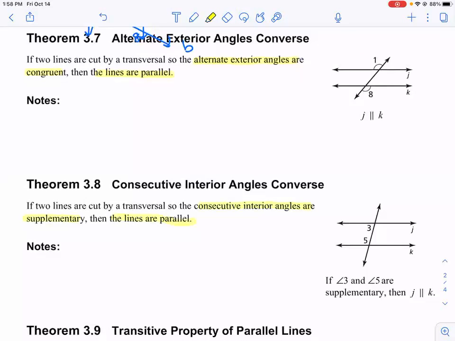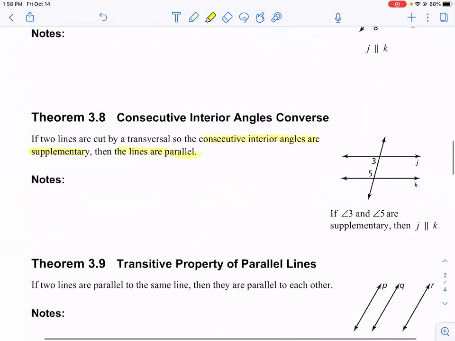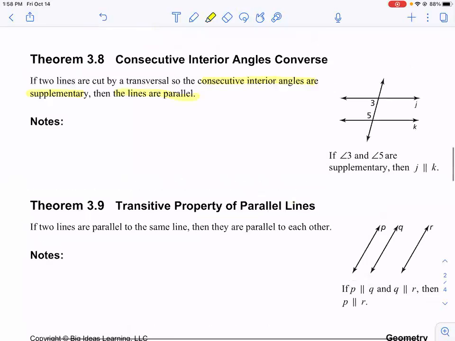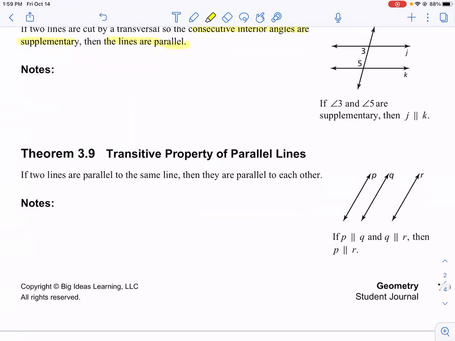Now, one random thing thrown in here: the transitive property does apply to parallel lines. If A is parallel to B and B is parallel to C, then A is parallel to C.